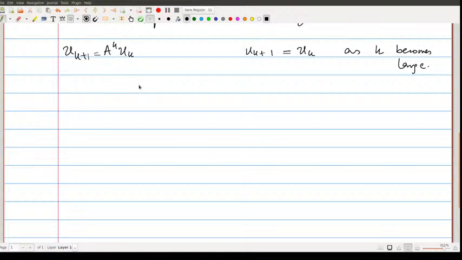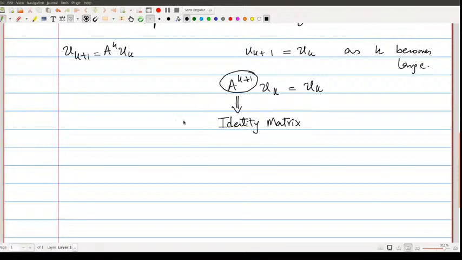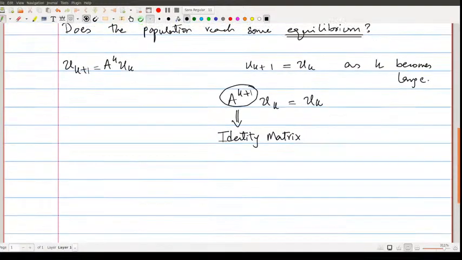If u k plus 1 is the same as u k, that means adding another power, A to the k plus 1 on u naught, is the same as u k, right? That doesn't change anything with u k, which means this A to the k plus 1 must approach the identity matrix, the n by n identity matrix, right? And then you can have a steady state solution of the system, right?